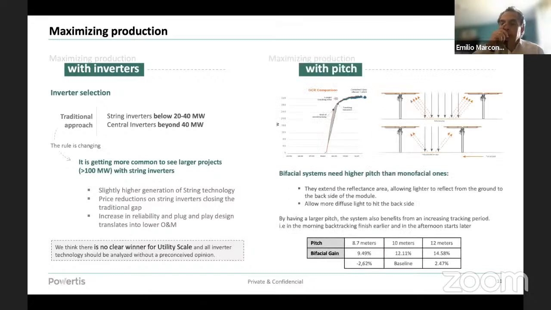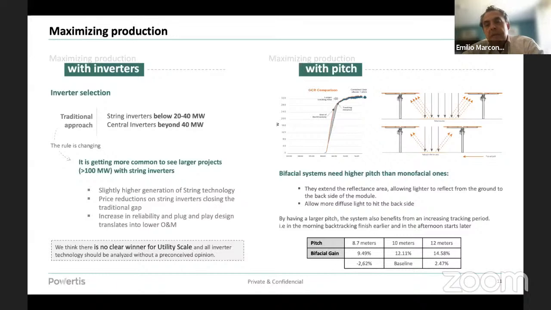Regarding the pitch, this is more related to the design. It's important to consider, especially now with bifacial, that it's important to have larger pitches than we used to have with monofacial.